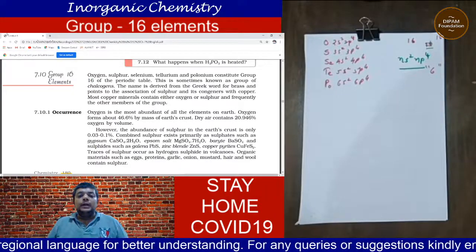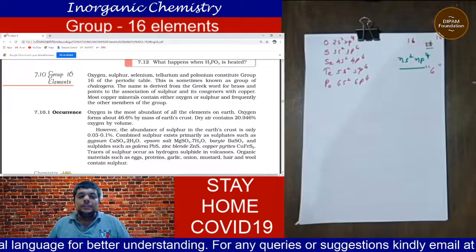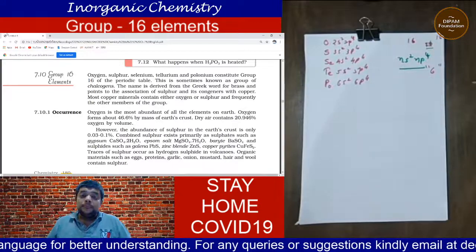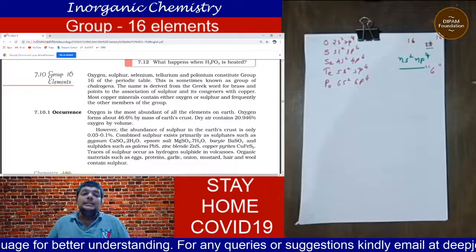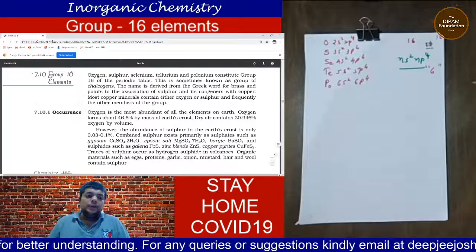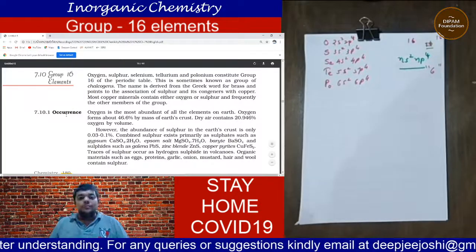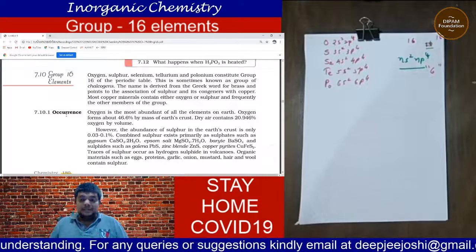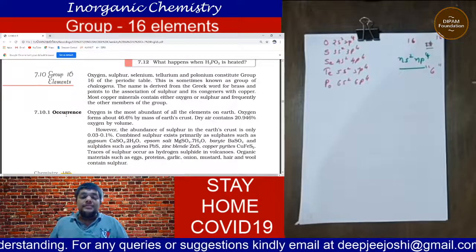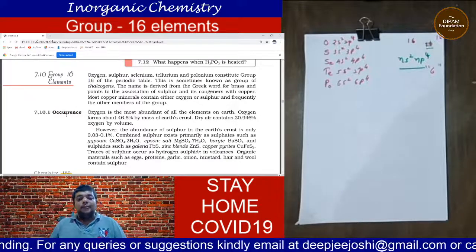Now, in this group 16 elements, it is also essential for us to know what the sources are from where these elements are obtained. So when it comes to sources, in the category of occurrence, it is written that oxygen forms about 46% by mass of the earth crust, and dry air contains around 21% of oxygen by volume.